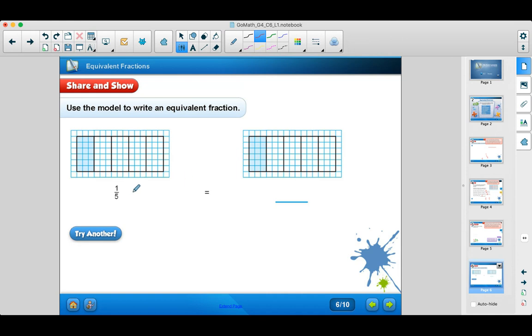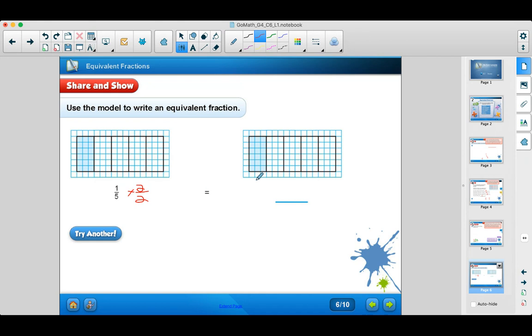So if I multiply both of these by the same number, I will get an equivalent fraction. So I am going to just pick any number. I'm going to multiply the denominator by 2. And I'm going to multiply the numerator by 2.